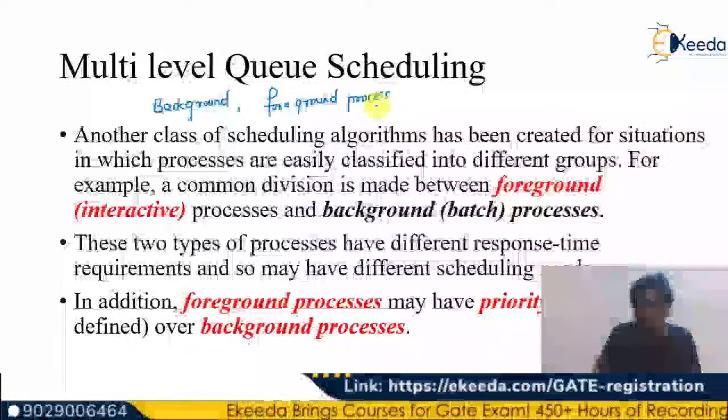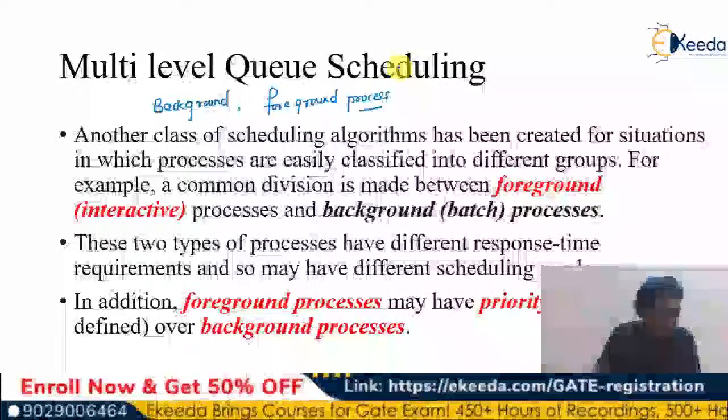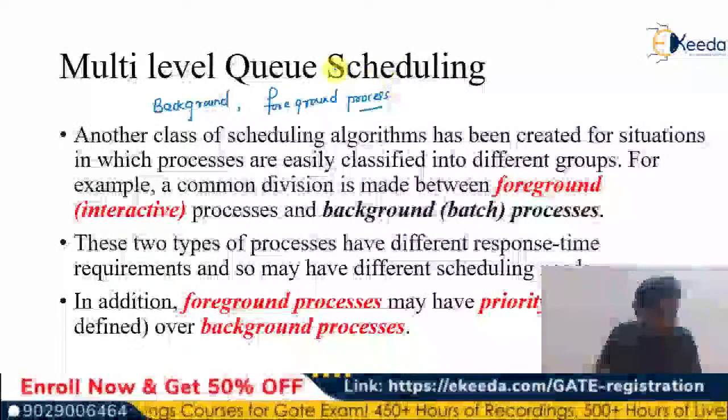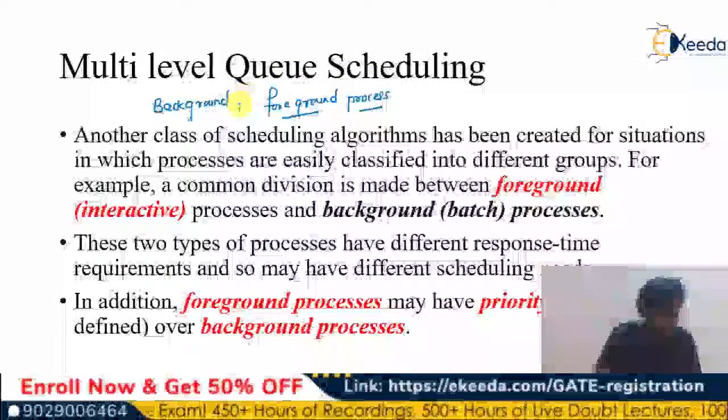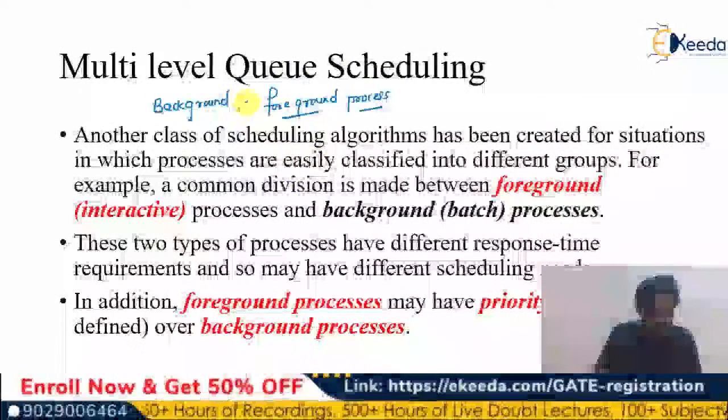So there can be background and foreground process. There can be interactive processes, like foreground processes are interactive and background processes are something that is required for that computation.